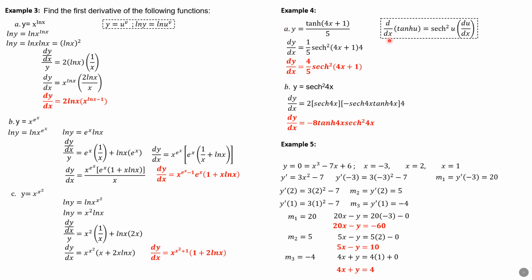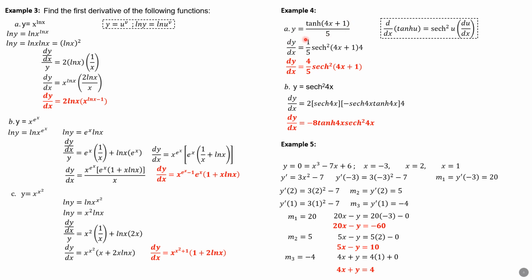This is our guide. Derivative of tangent hyperbolic of u is secant hyperbolic squared of u du dx. You look at the derivation and the mnemonic aid on how to memorize derivative of hyperbolic functions and even inverse hyperbolic functions. So imagine that 4x plus 1 is the u, 1/5 is the constant, that's no problem.